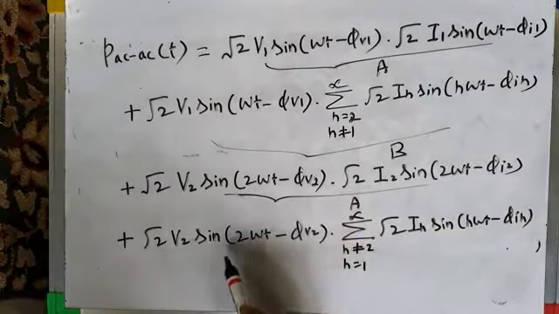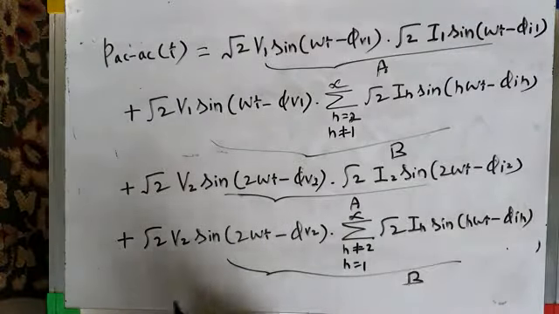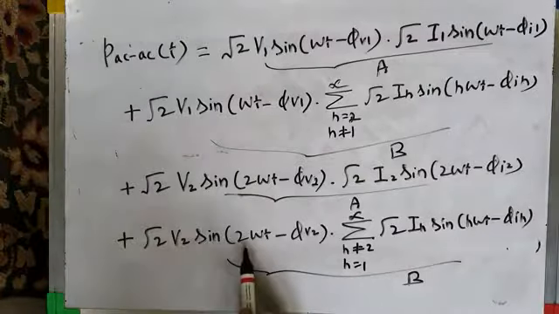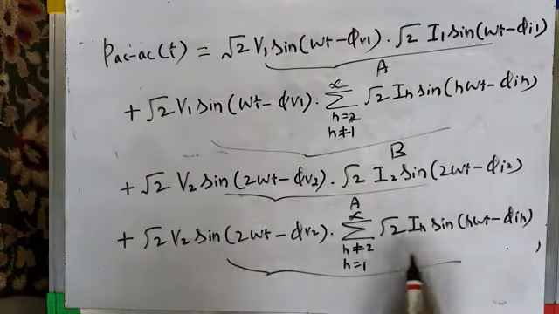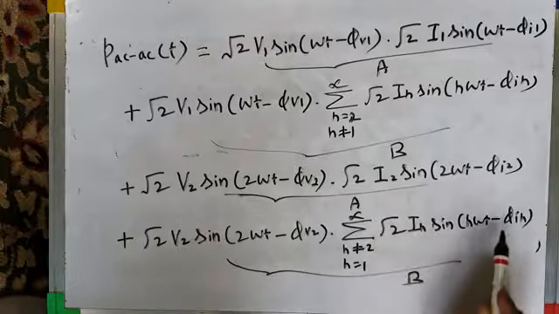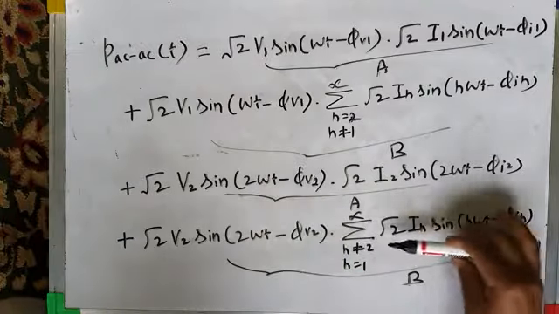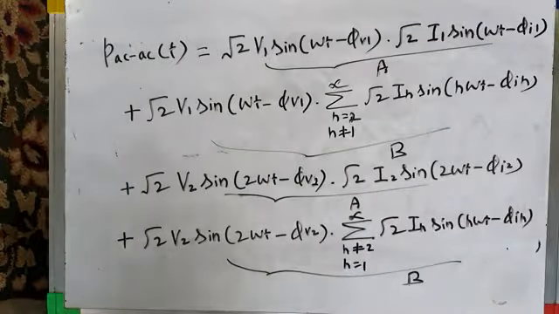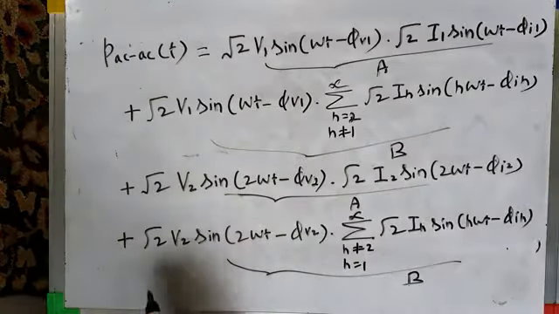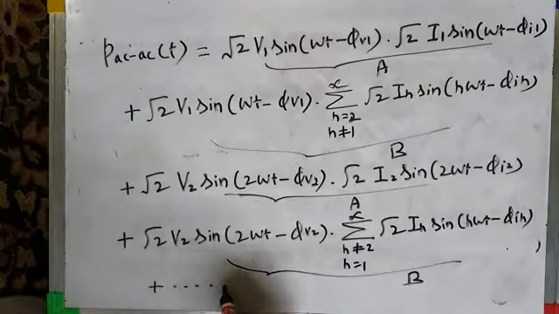Now in term B, the second harmonic component of voltage interacts with all other components of current other than the second. This gives rise to interaction of dissimilar frequency components, and the product of the two gives rise to instantaneous power terms. Similarly, and so on.